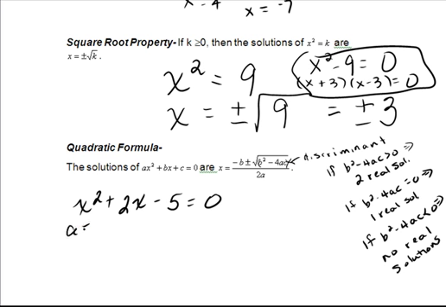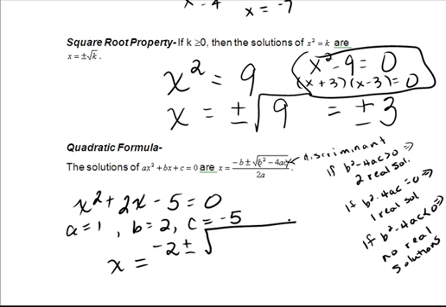So our A is 1, our B is 2, and our C is negative 5. So x will be the opposite of B, so the opposite of 2 would be negative 2, plus or minus the square root of B squared, 2 squared is 4, minus 4 times 1 times negative 5, all over 2 times 1, which will be 2.